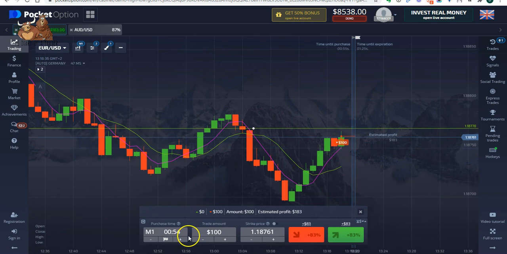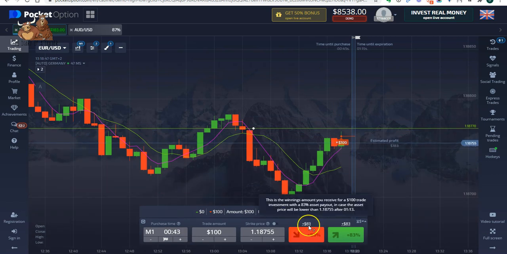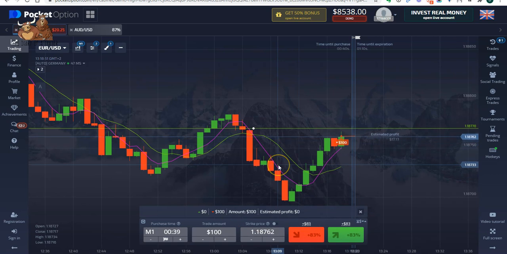We're going to wait for the 1 minute to finish, and if we have any price above, we are going to lose that 100, or with any price below, we're going to win 83, which is 83%, the payout on this platform.